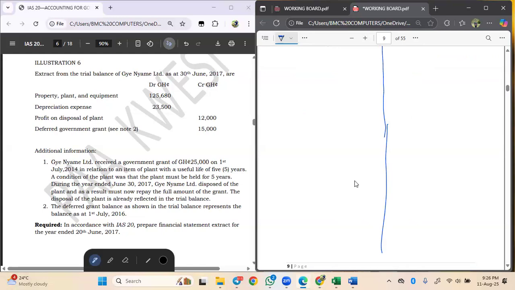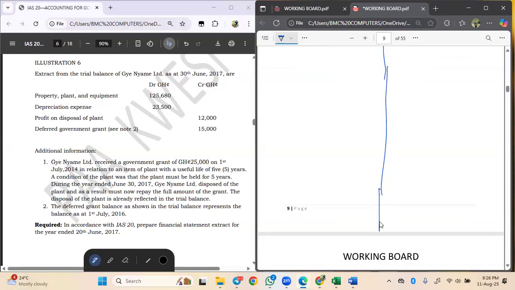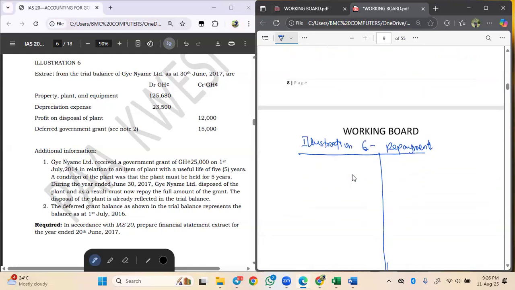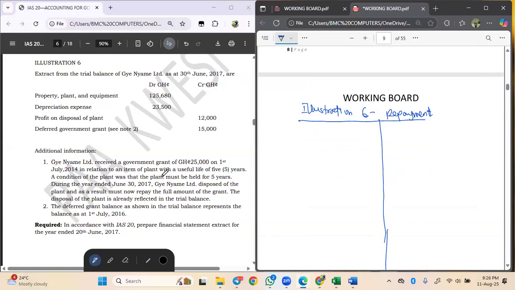The disposal of the plant was already reflected in the trial balance. 2. The deferred grant balance as shown in the trial balance represents the balance as at 1st July 2017. Required: in accordance with IAS 20, prepare the financial statement extracts for the year ended 30th June 2017.